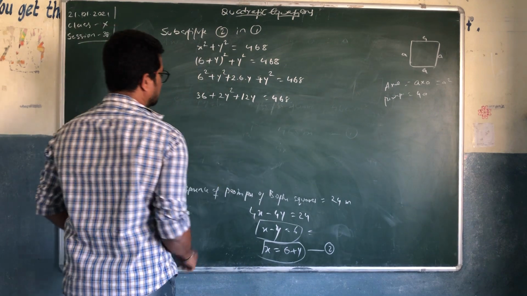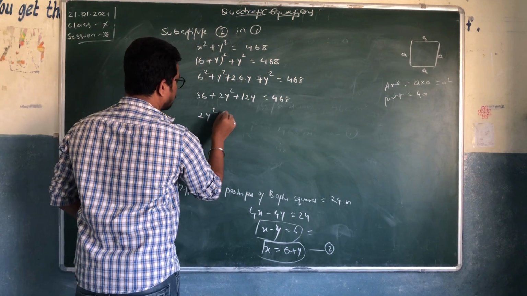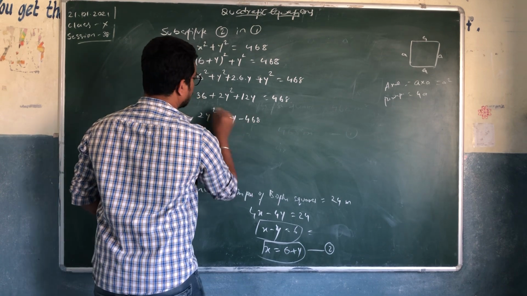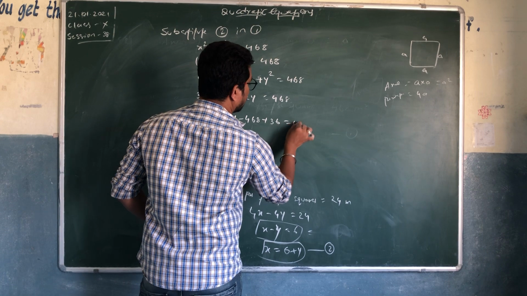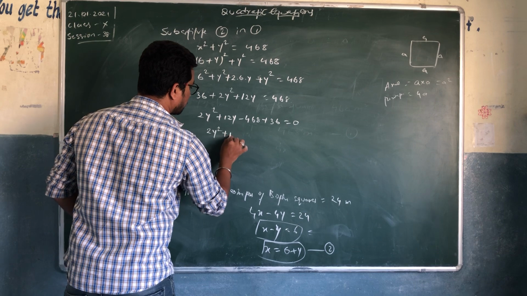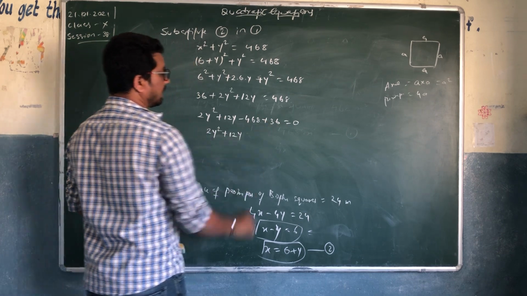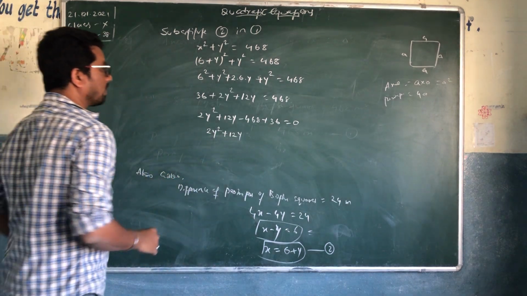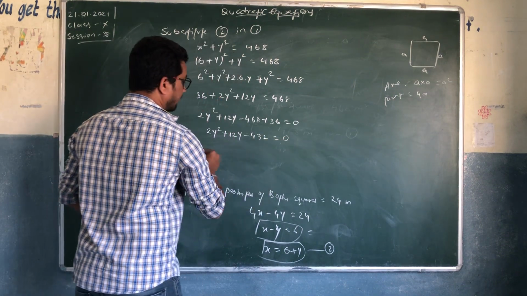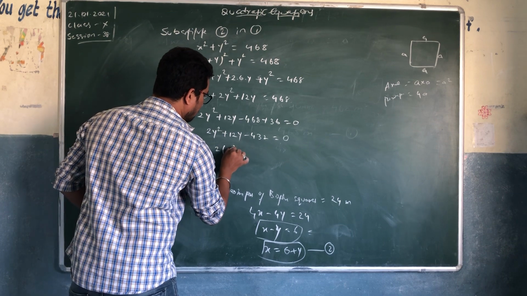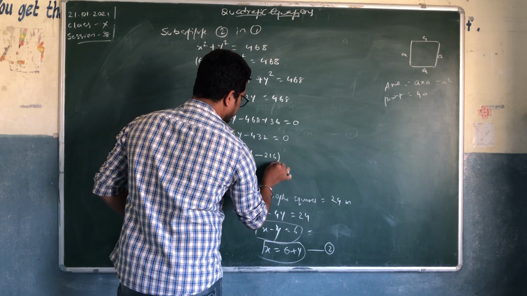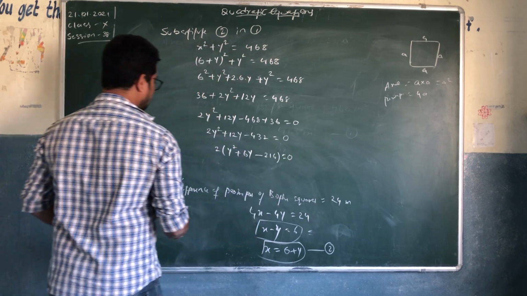Taking these to the LHS: 2y square plus 12y minus 468 plus 36 is equal to 0. 468 minus 36 is 432. So 2y square plus 12y minus 432 is equal to 0. Take 2 as common: y square plus 6y minus 216 is equal to 0.